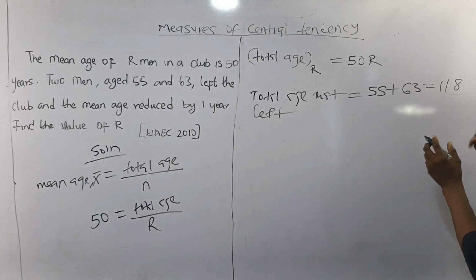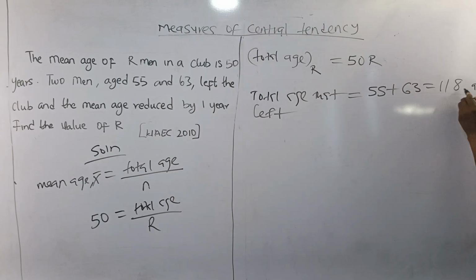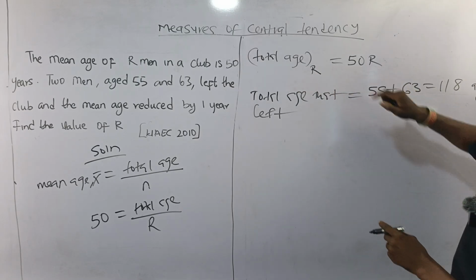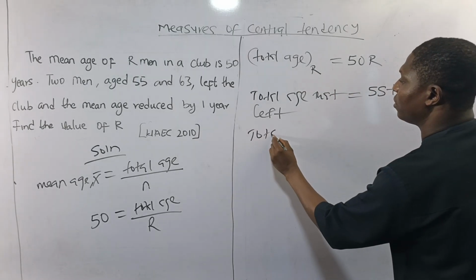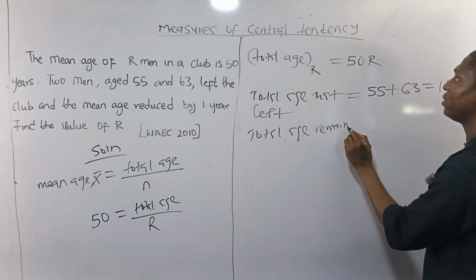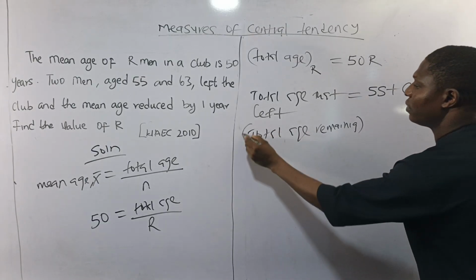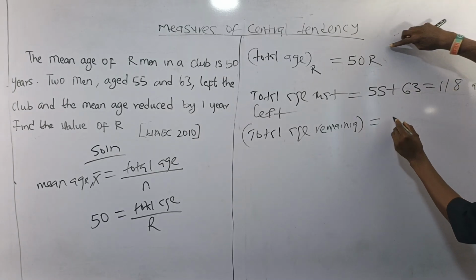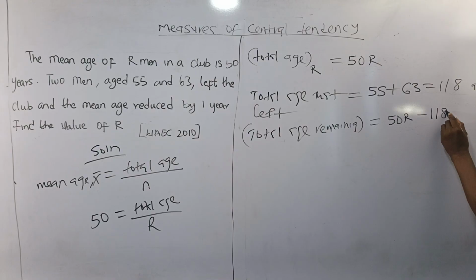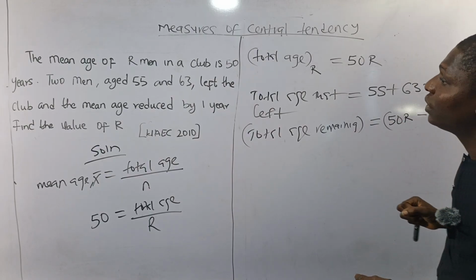So the age of those that left is 118 years. This is total age, remember. So total age remaining will be equal to 50n minus 118 years.